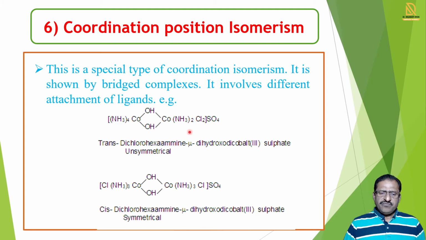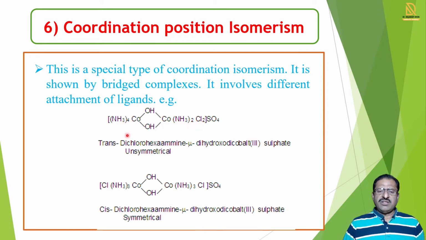You see here, one cobalt is attached with 4 NH3 ligands and the second cobalt is attached with 2 NH3 and 2 Cl, and the 2 hydroxyl groups are attached as bridging ligands. Now in this case, if we see the symmetry, one cobalt is attached with 4 NH3, and here the cobalt is attached with 2 NH3 and 2 Cl.